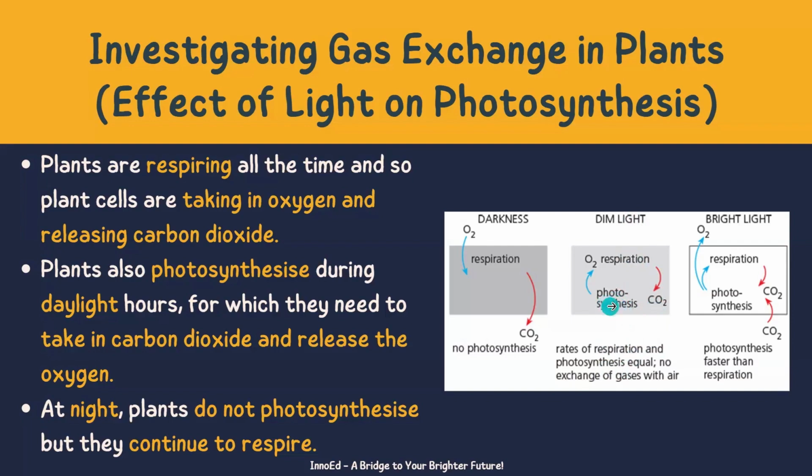The same goes for oxygen: the oxygen released from photosynthesis will be used up by respiration, so there will be no oxygen diffusing out of the leaves. So during the dim light hours, there will be no changes in the surrounding oxygen and carbon dioxide levels.